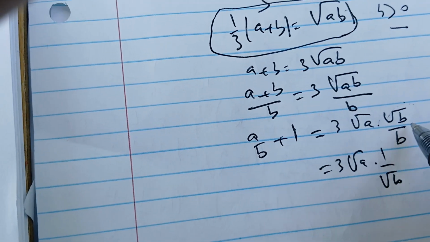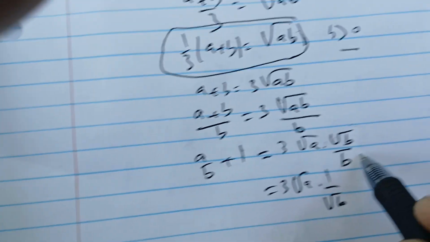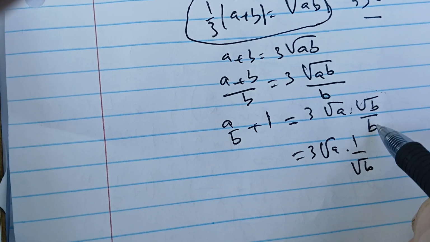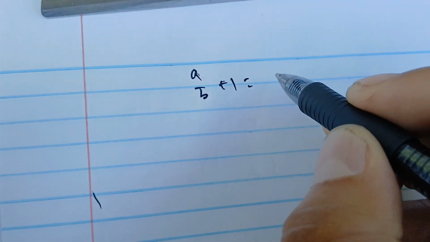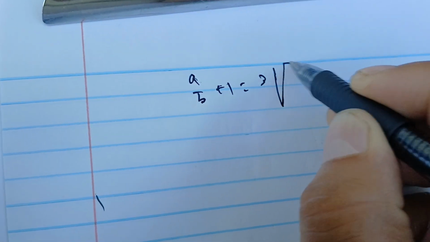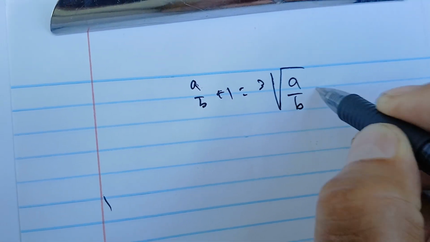We can multiply up and down by square root of b, and we get rid of this b here, and we keep the square root of b down. So this gives us, in this case, a over b plus 1 is equal to 3 square root of a over b.